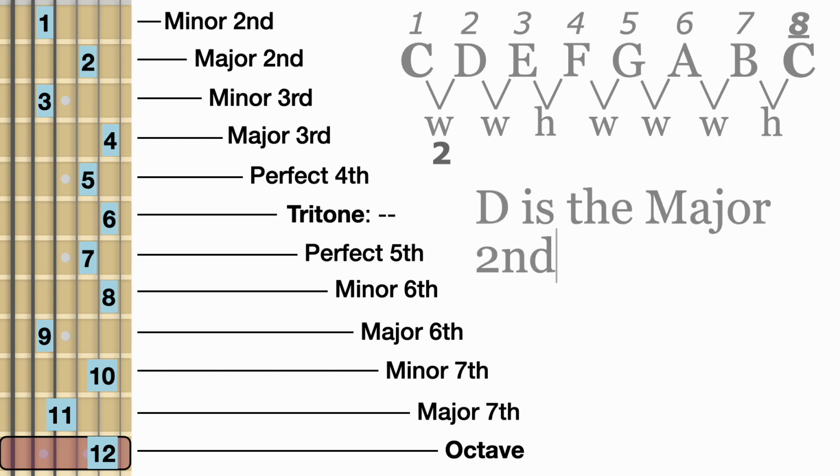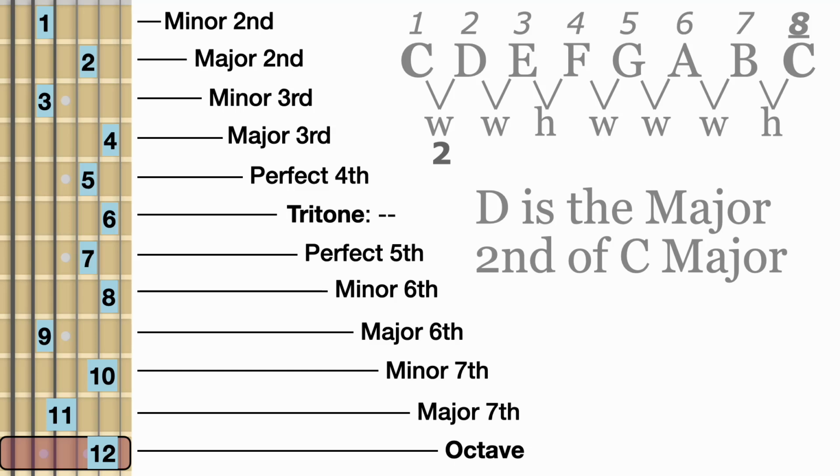And so therefore, D is the major second of C major. Now, one thing I want to just bring up really quick is the way that you can articulate D being the major second. People say different terms, right? D is the major second of C. D is the major second of the C major scale. D is a major second.